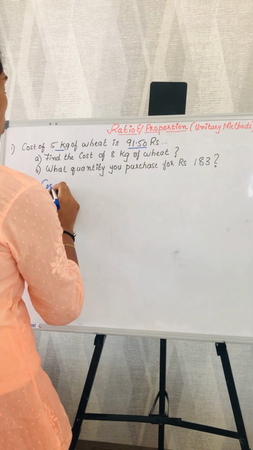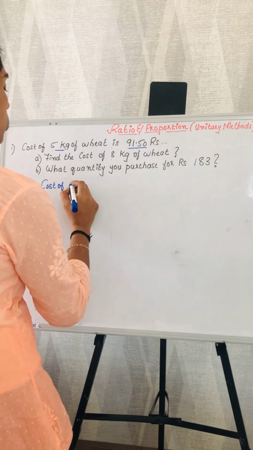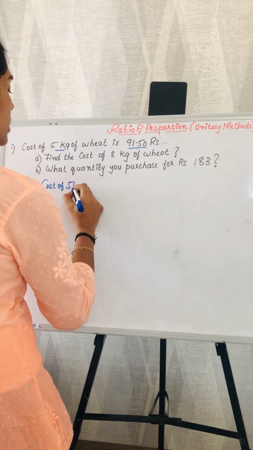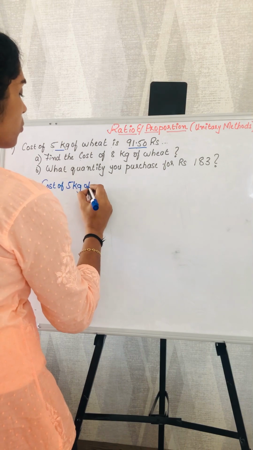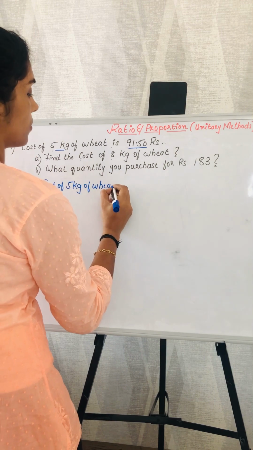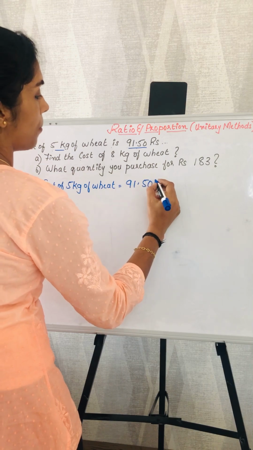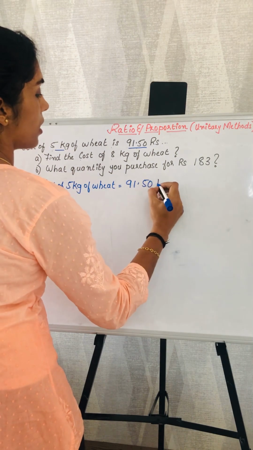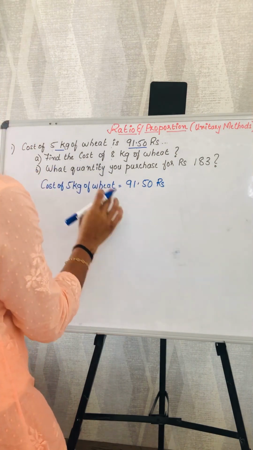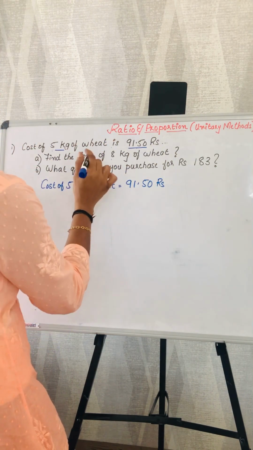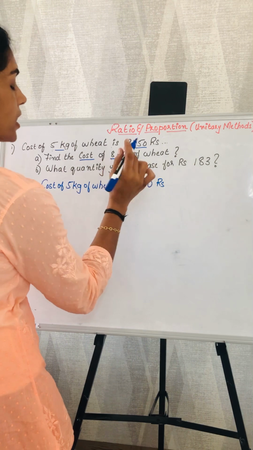That is cost of what? 5 kg of wheat, right? That is 91.50.